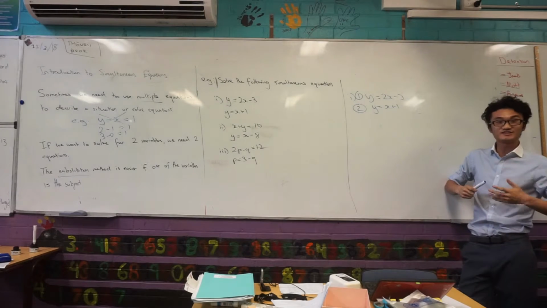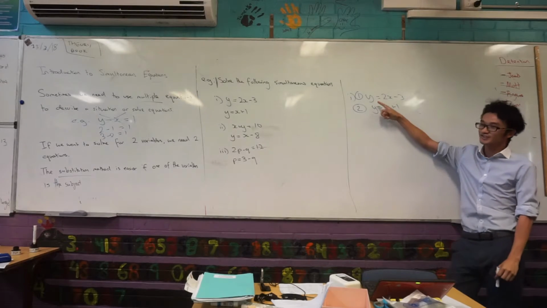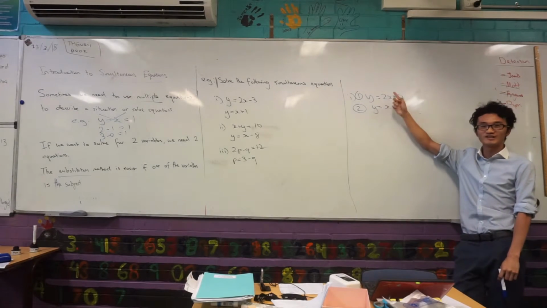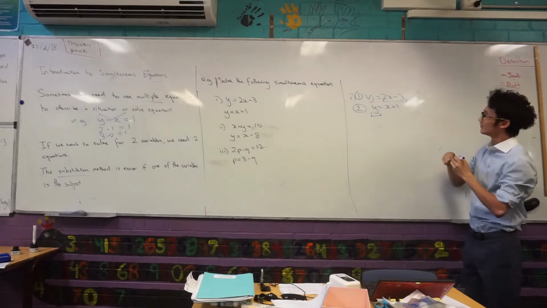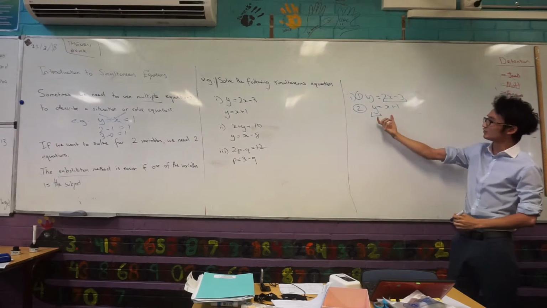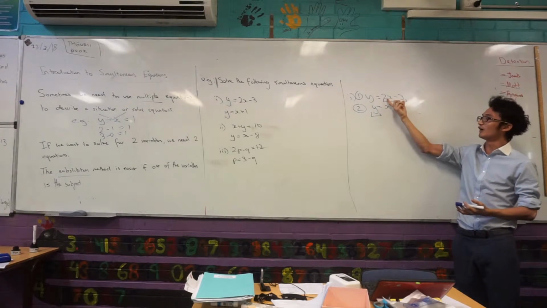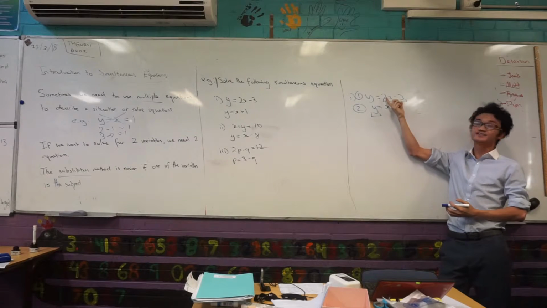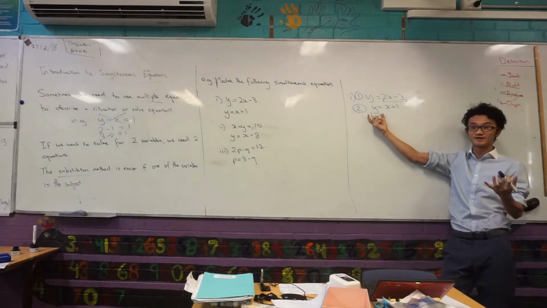The idea is called substitution. You want to substitute something into something else. I've got two equations that say y is equal to something. So I can say, hang on, if y is equal to this, then instead of writing y in the other equation, I can just put this expression, 2x minus 3, in its place, because they're the same thing.